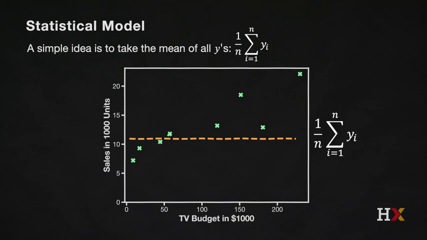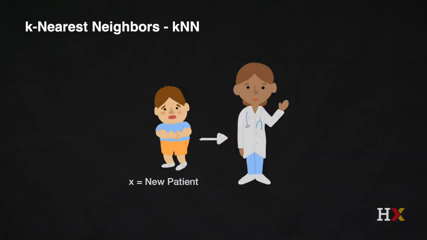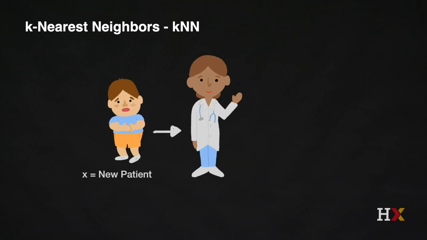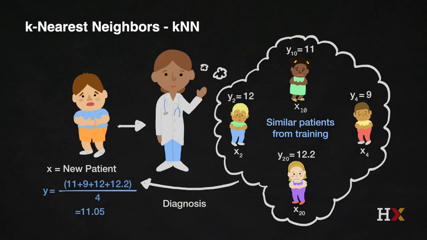We can extend our model by getting inspiration from our everyday life. For example, if someone asks me to predict something, I'm always trying to think about similar examples I have seen. Imagine a patient going to a doctor with certain symptoms. The doctor will think about what other patients they have seen today or this week, and the diagnosis will be inspired by those other patients.